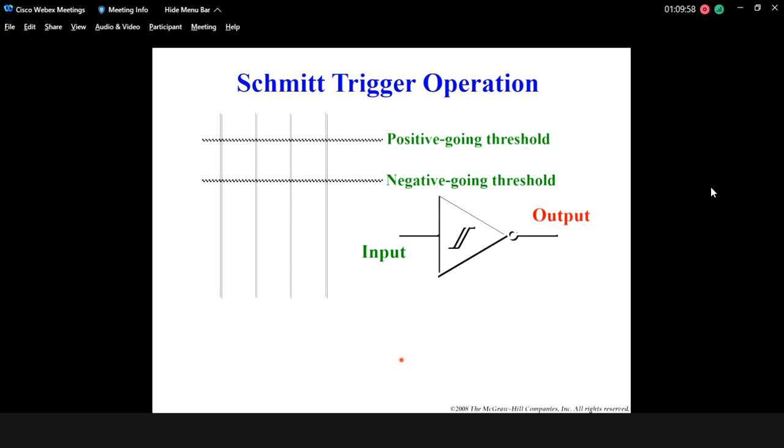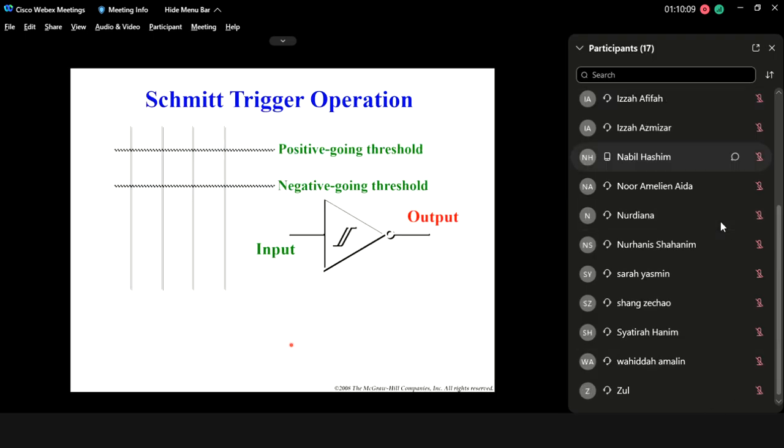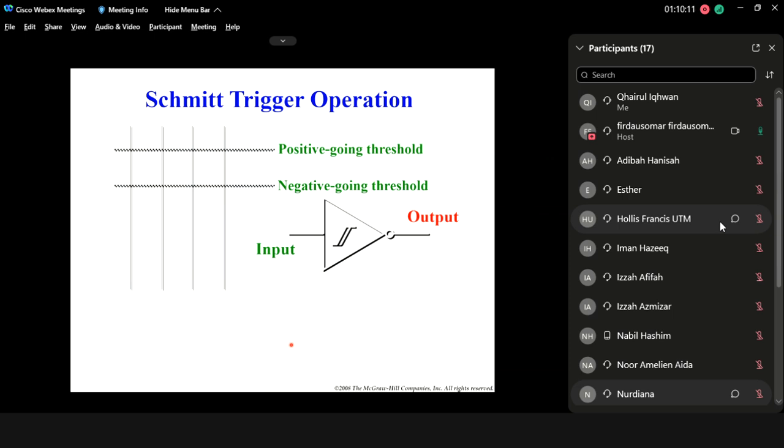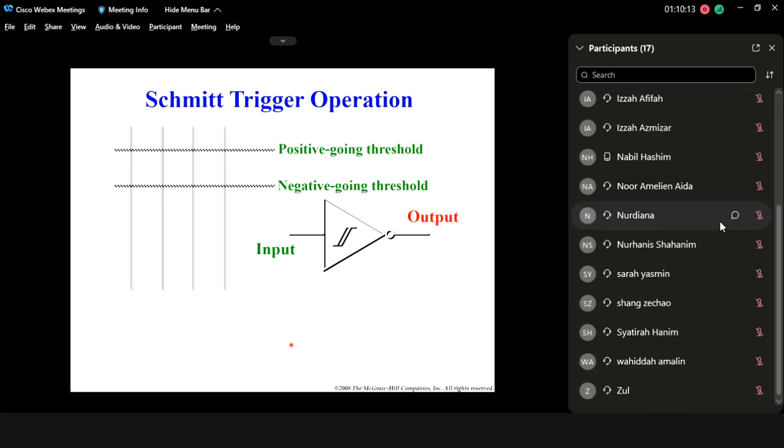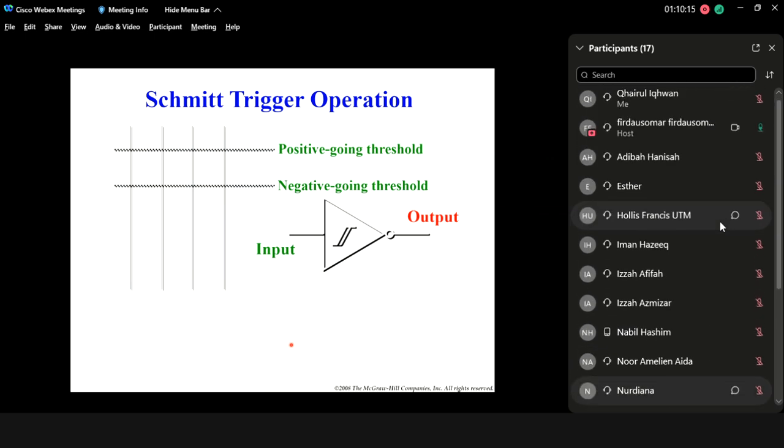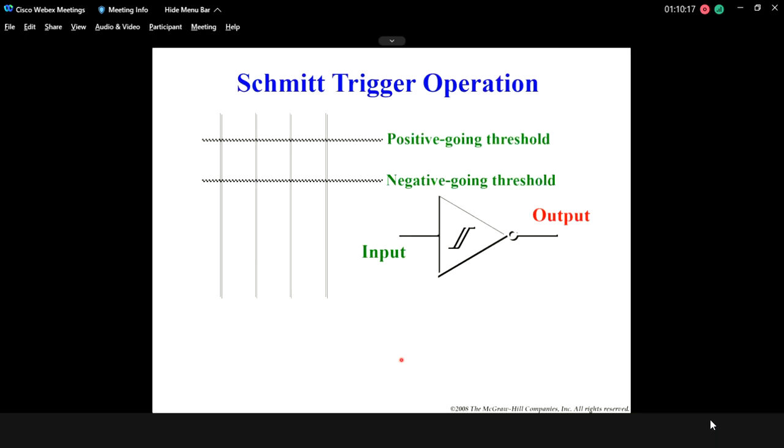And then we have Schmitt trigger operation. A Schmitt trigger is used to change an analog signal to a digital signal, and we can set the positive going threshold and negative going threshold in order to decide whether the signal is a high pulse or a low pulse.